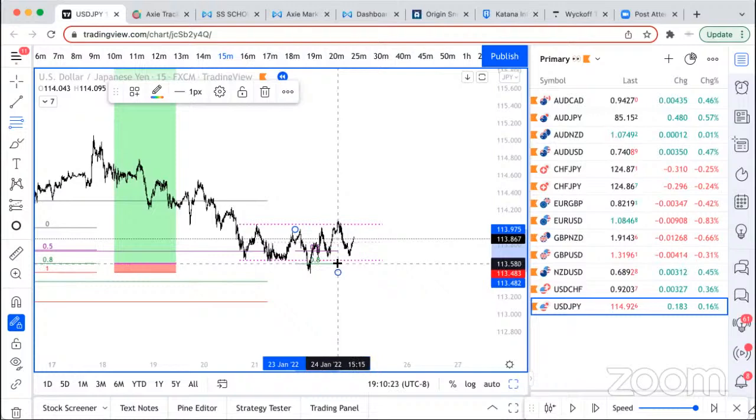So how do you want to play it? I'm personally looking to just sit down at the 80% to see if we can come down a little lower. But since 50% has already been mitigated, are you looking more so at this price action here that mitigated 50%? Come again, please. Oh, got you.